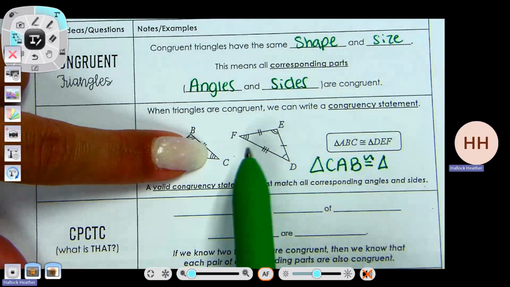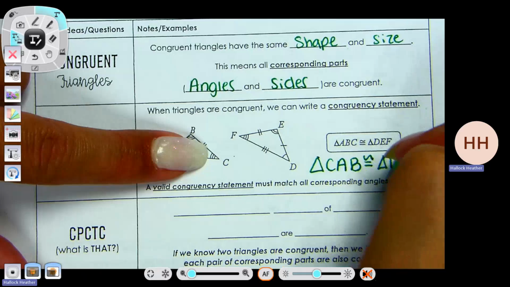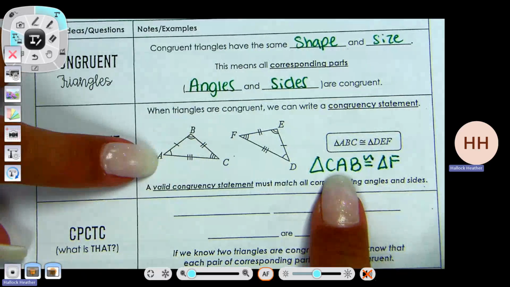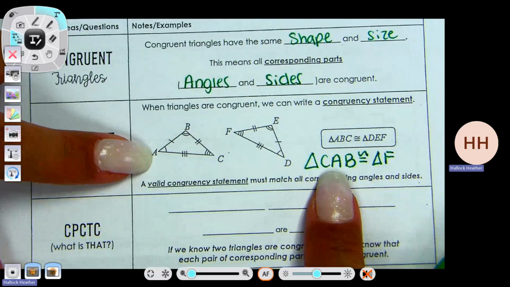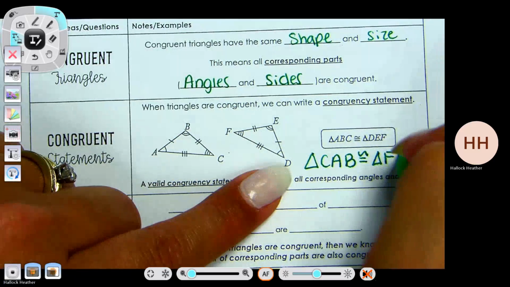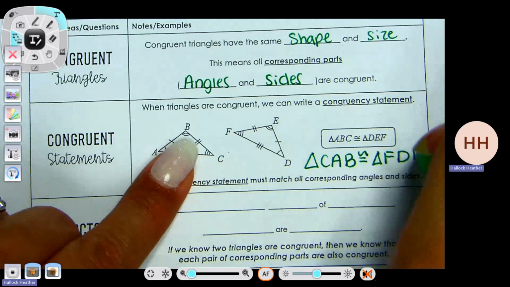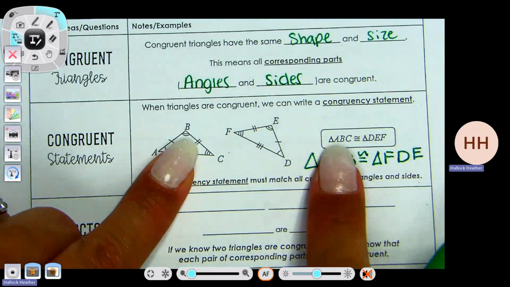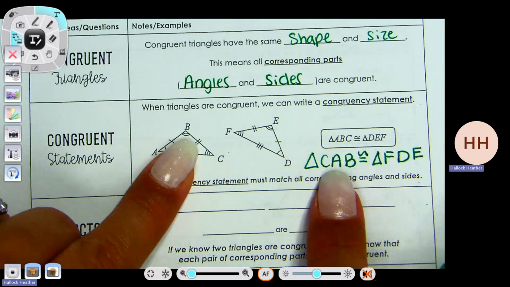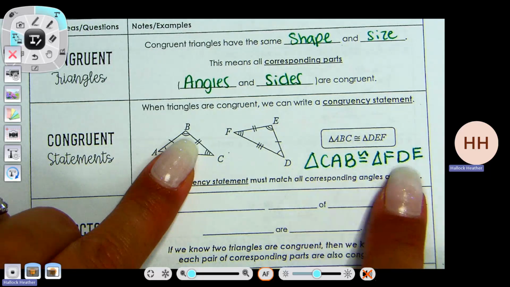Not B, F. The next thing I said was A. A has 1 arc mark. What does that match with on the other triangle? D. And then B has 2, which matches with E. So these can be written in alphabetical order like A, B, C, but they don't have to be. However, the first one is written, whatever scrambled letters you choose, that's how you have to write the second one.